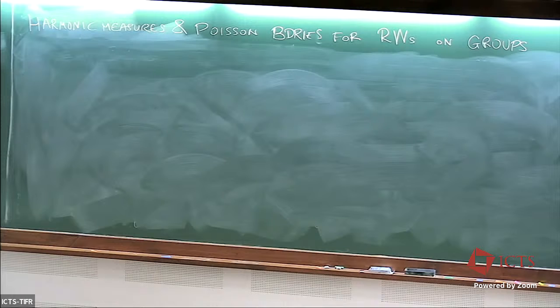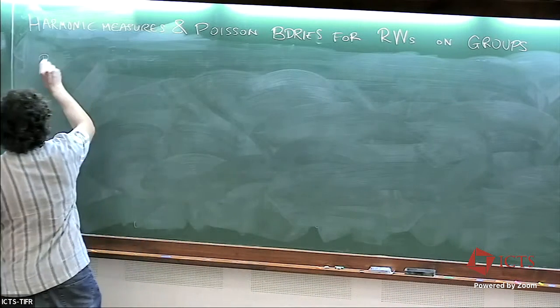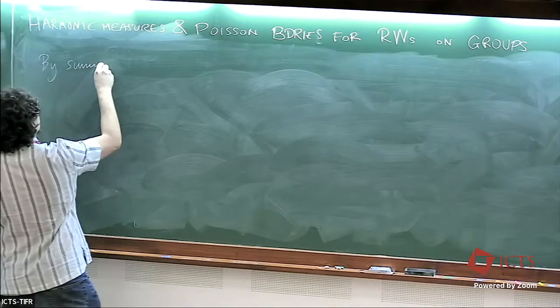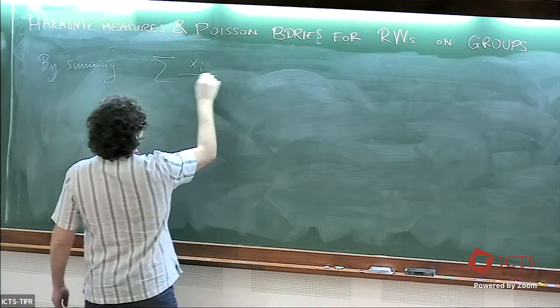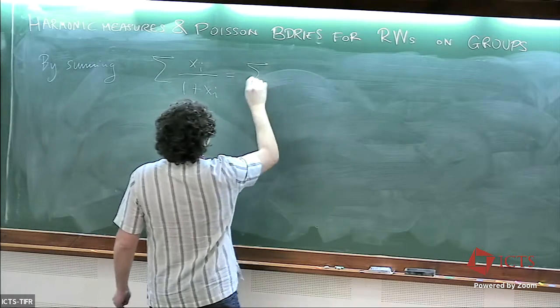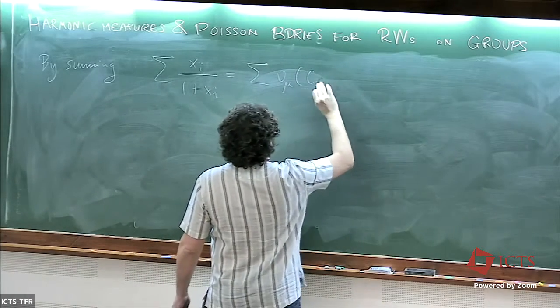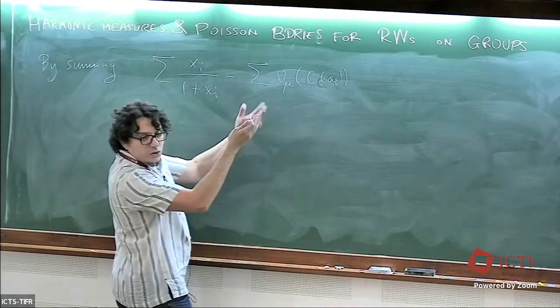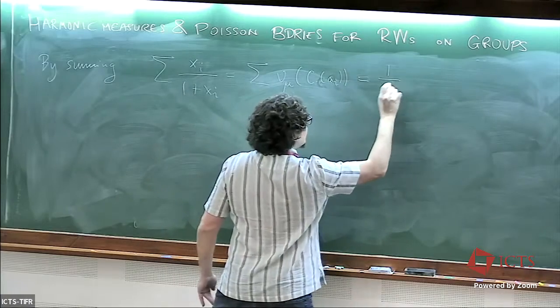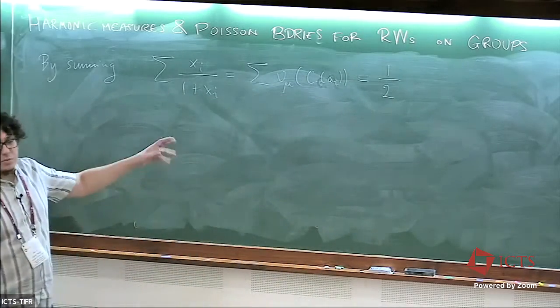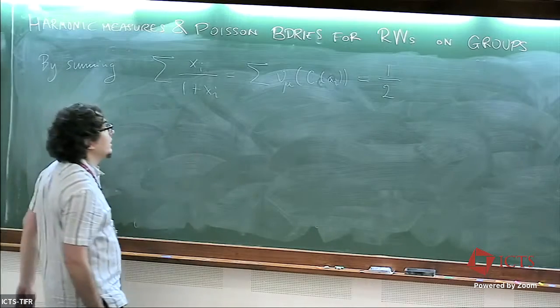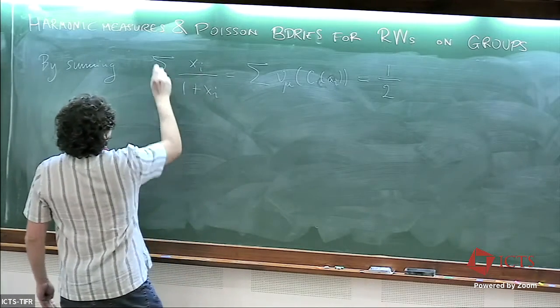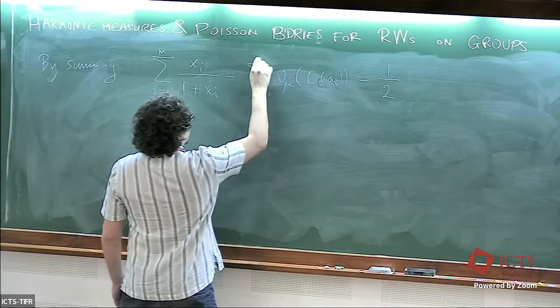This is a free group, so the cylinders are disjoint, so you don't have these problems. So by summing, you get the sum of xi over 1 plus xi is the sum of the cylinders. We took just from 1 to m, otherwise we take everything twice, so this would be half of the total probability by this symmetry. But again, if there's no symmetry, you get a slightly different equation, but it's just slightly simpler.